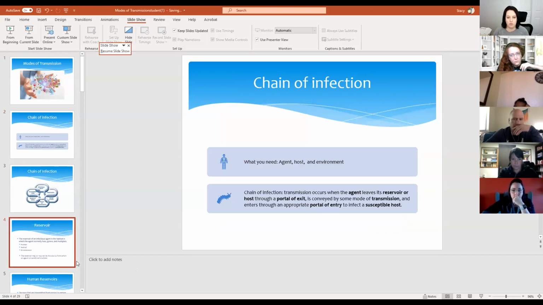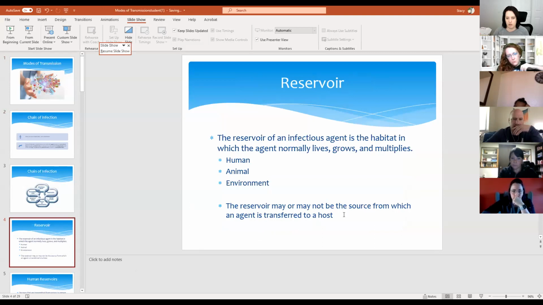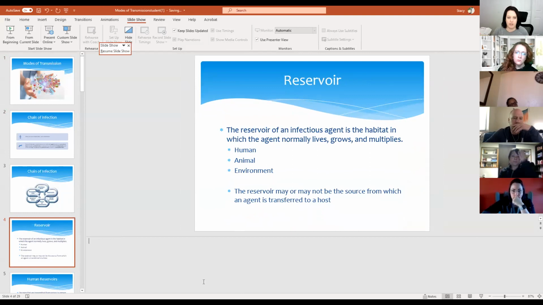Because on PowerPoints, we want short bullet points, maybe one sentence. We don't want our slides to be overcrowded with information. Oh, so we just elaborate more in the notes? Yeah, just elaborate more in the notes. Perfect. And then you put your in-text citations here, in the speaker notes? Yeah.